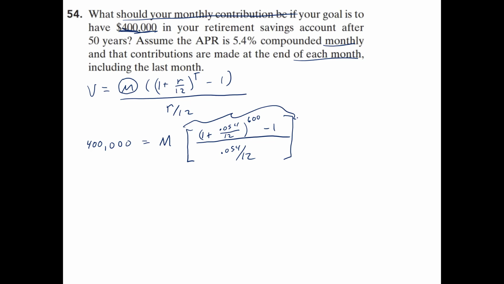So parentheses, parentheses, 1 plus 0.054 divided by 12, close the parentheses, raise that to the 600th power, minus 1, close the first set of parentheses, divided by parentheses, 0.054 divided by 12.